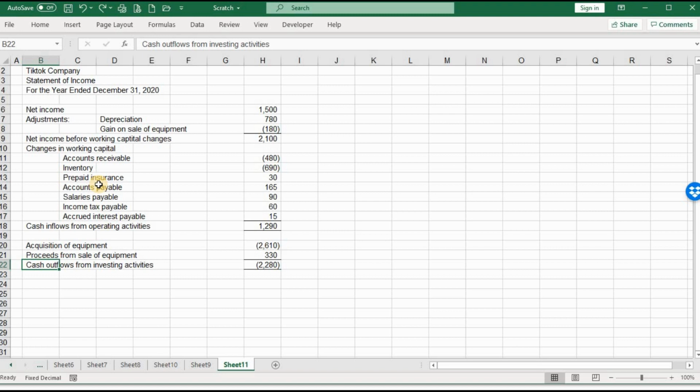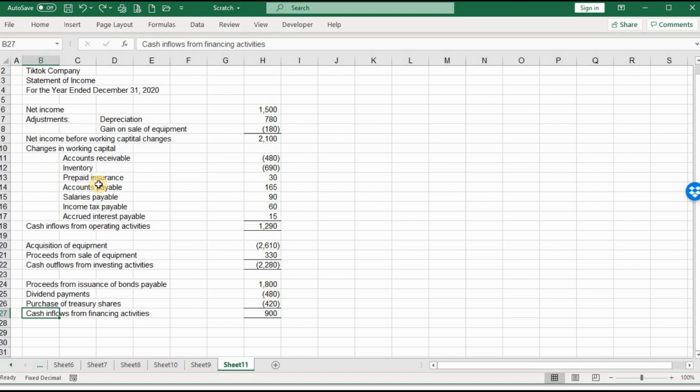Now, let's proceed to financing activity, starting with proceeds from issuance of bonds payable for 1.8. Next is dividend payments of 480 pesos. Next is purchase of treasury share for 420 pesos. And this will give us a cash inflow from financing activities of 900 pesos.